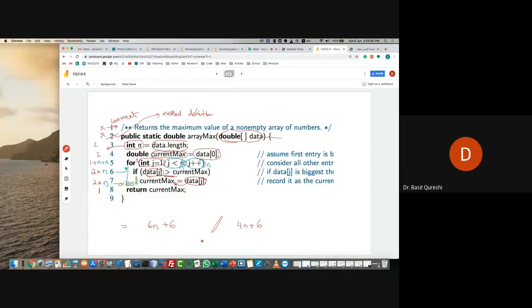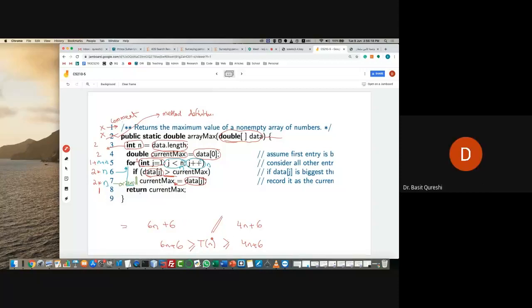So I can say that, let's say the runtime for this program is T(n). It's given by some equation T(n). This goes within this bound: it can be 6n plus 6 or 4n plus 6.